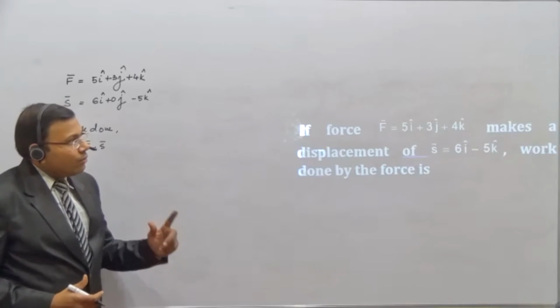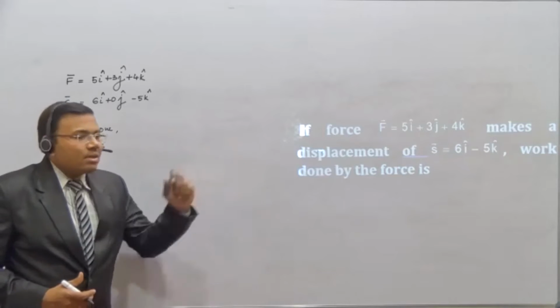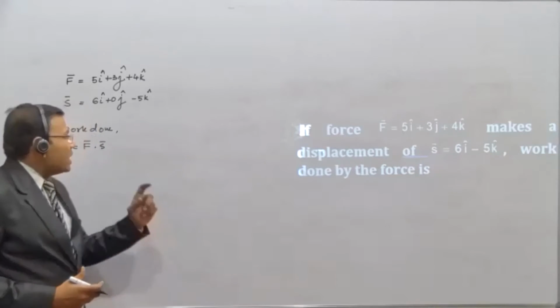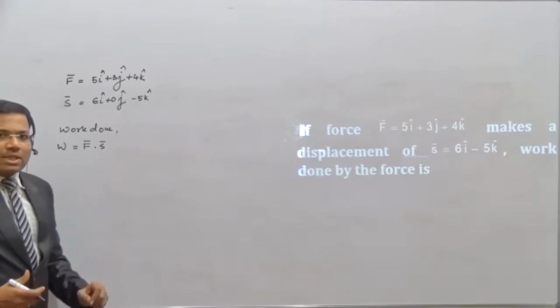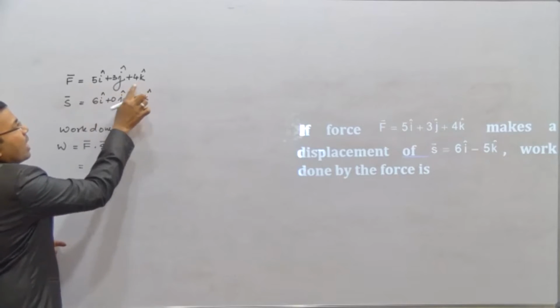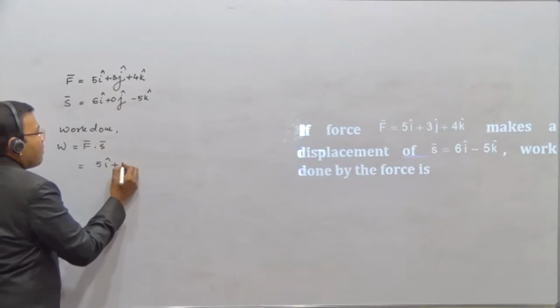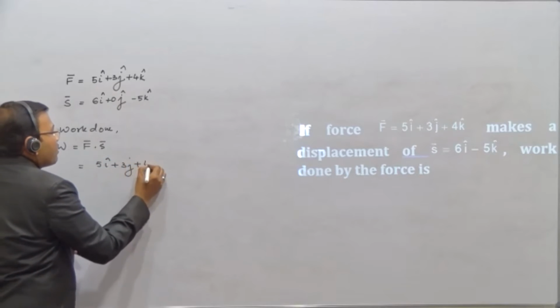So yes, we know that the work done is the dot product of force and displacement. So here we can write F dot S. What is F here? This is F and this is S. So I'll write the same thing, 5i plus 3j plus 4k.